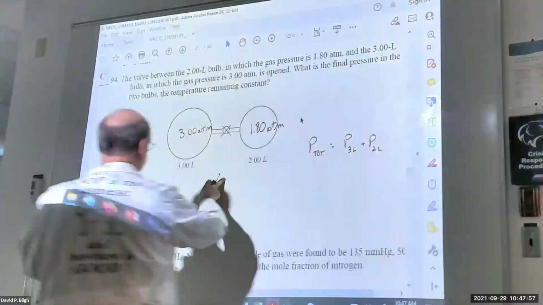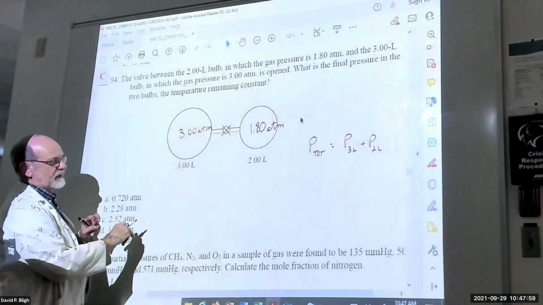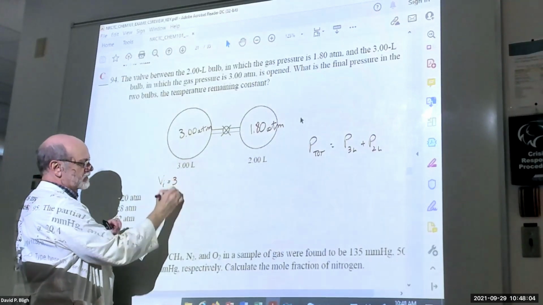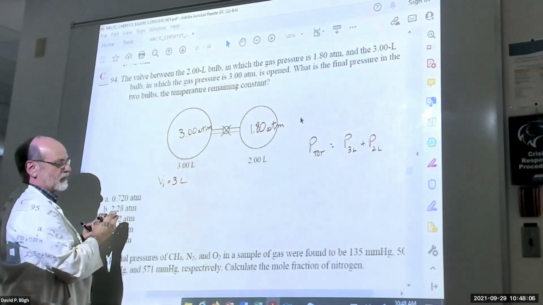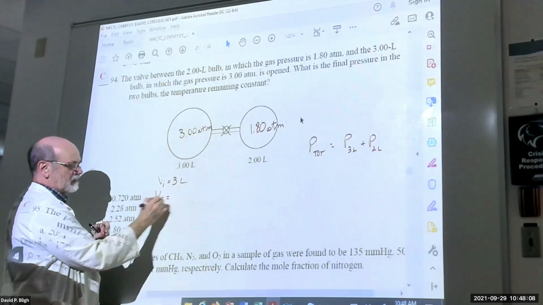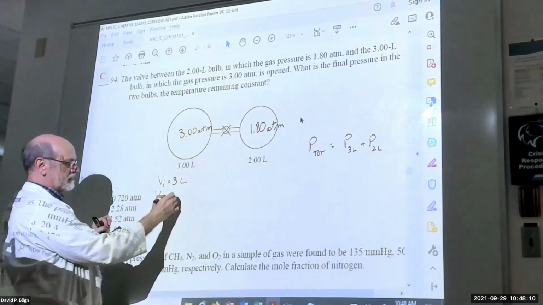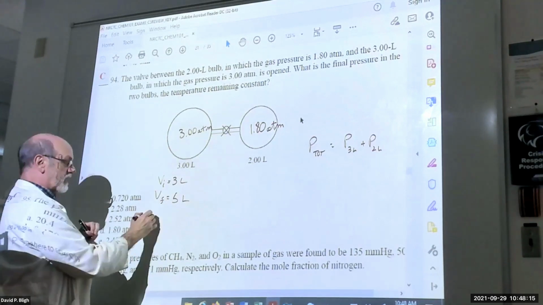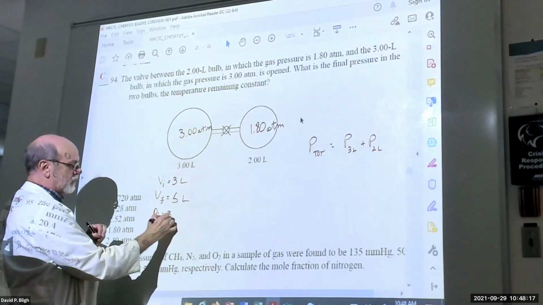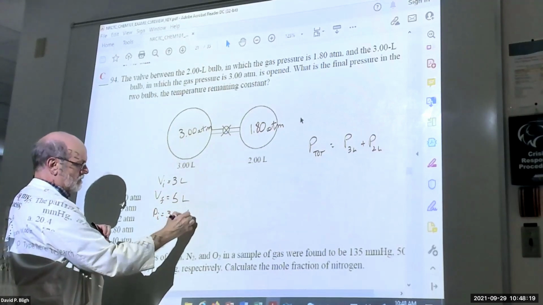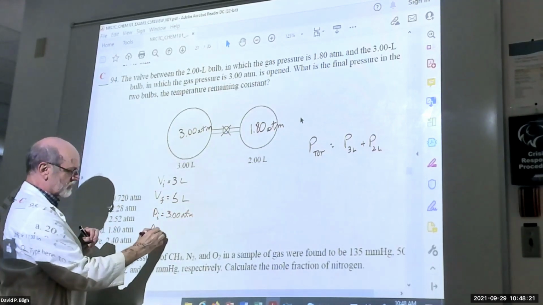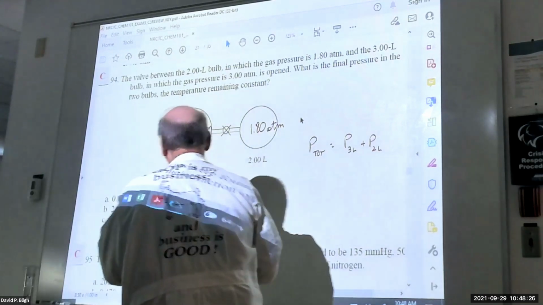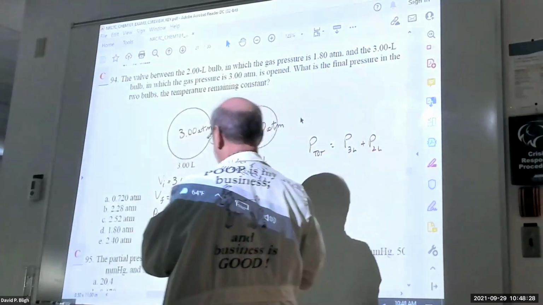So to do this one, the initial volume here is 3 liters, right? What's the final volume? That's the total, correct? 5 liters. Initial pressure is 3 atmospheres. Final pressure is what we're looking for. So, what's the relationship?